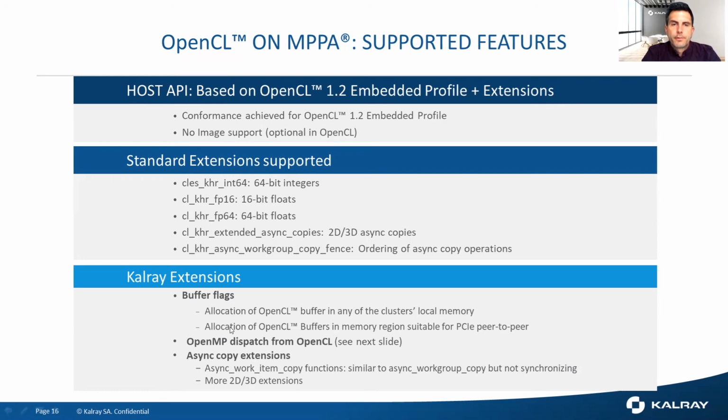And the second buffer flag allows to allocate buffers in a memory region which is suitable for PCIe peer-to-peer. We have one extension that we call OpenMP Dispatch from OpenCL. I will explain a little bit more what this programming model is on the next slide. And as I said just before, we have some more async copy extensions. So I won't go back to this.